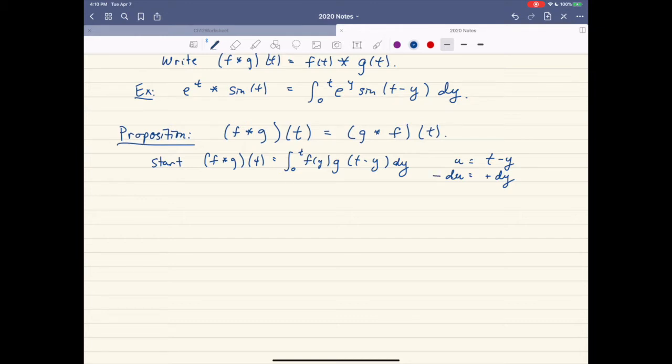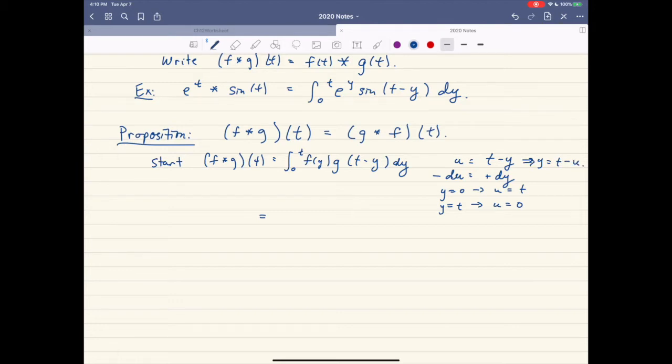And then the final thing that we need to do is to change the bounds. Remember that y goes from 0 to t. And if y is 0, then u is t. And if y is t, then u is 0. We actually need one more thing here. If u is t minus y, that implies that y is t minus u. And now we're ready to go.